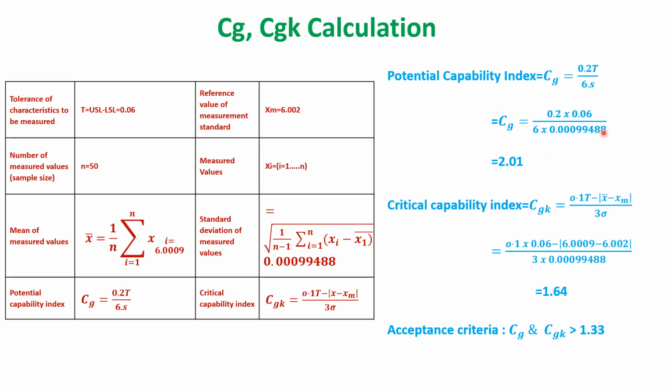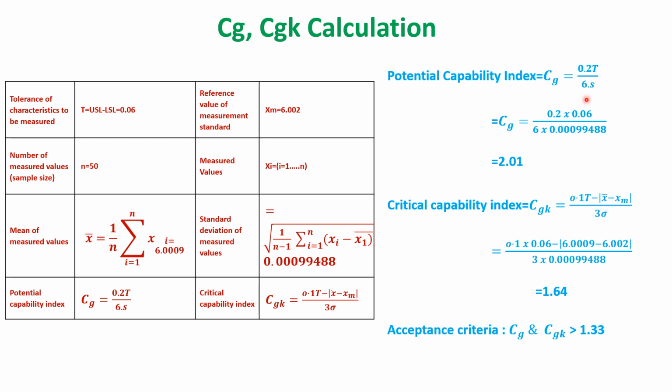Now try to understand that only the instrument variation is considered, not part variation. And the second important thing, see, the complete tolerance is not utilized. You might know the formula for Cp, that is total tolerance divided by 6 sigma.